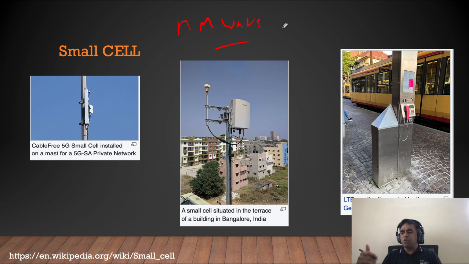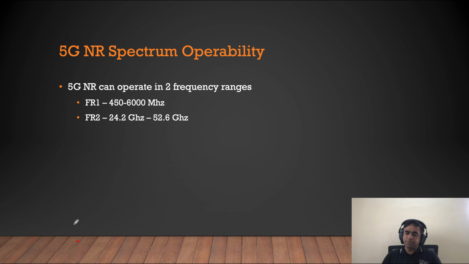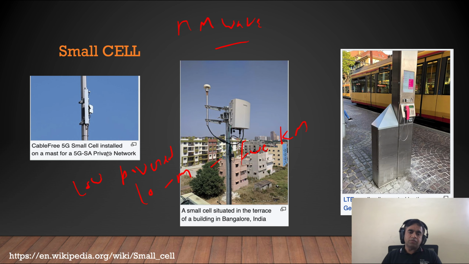So there is something called small cells, which are very low powered radio access nodes that have a range from 10 meters to a few kilometers. I already have some pictures from this Wikipedia link, so you can have a look and visit this Wikipedia page as well if you want. You just search small cells on the internet, and this link will pop up.